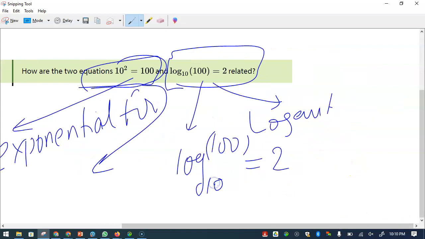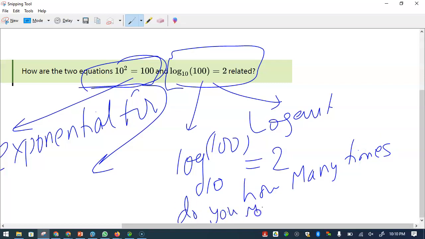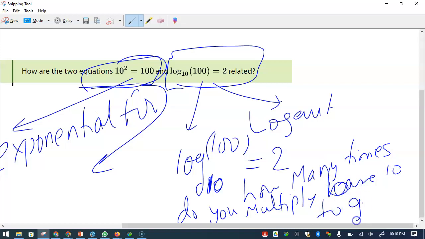It's asking a question: how many times do you multiply the base 10 to get this 100?